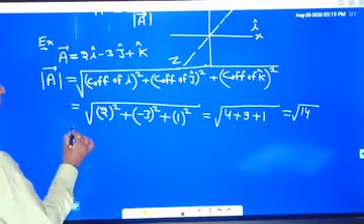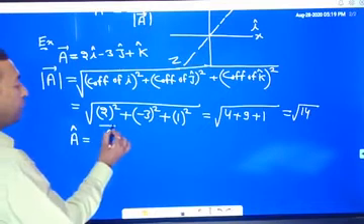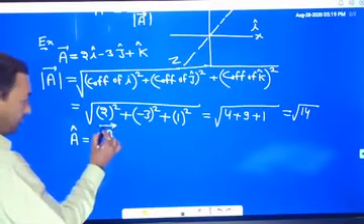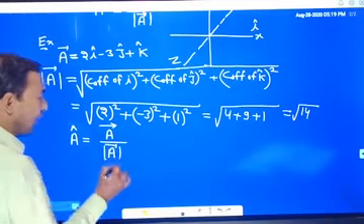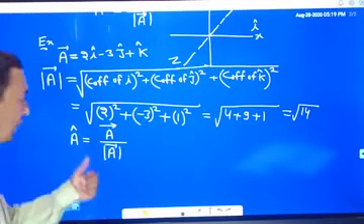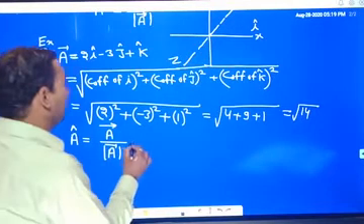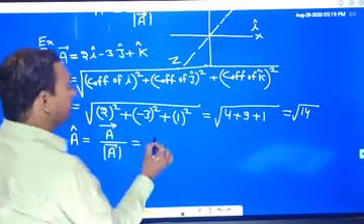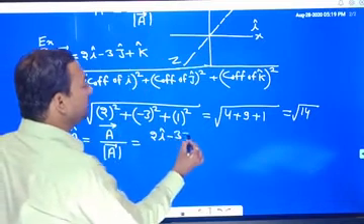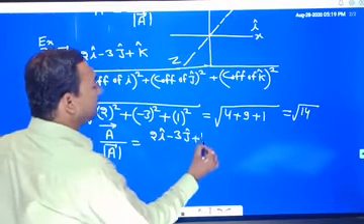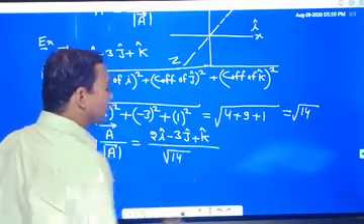A cap is, by the formula, the vector divided by the modulus of the vector. So a vector is 2i cap minus 3j cap plus k cap, divided by root 14.